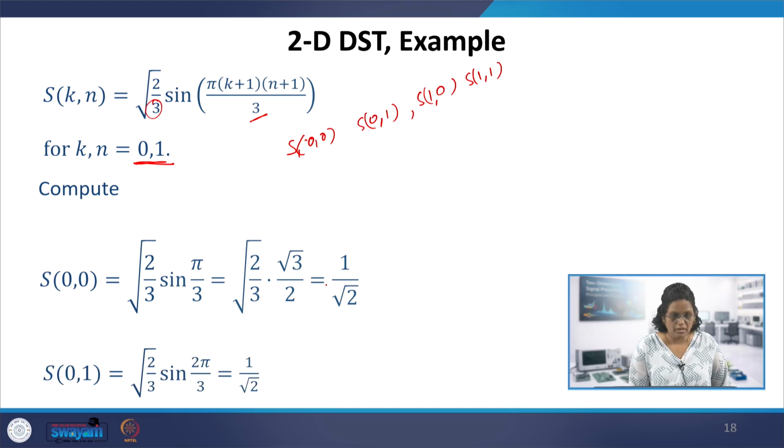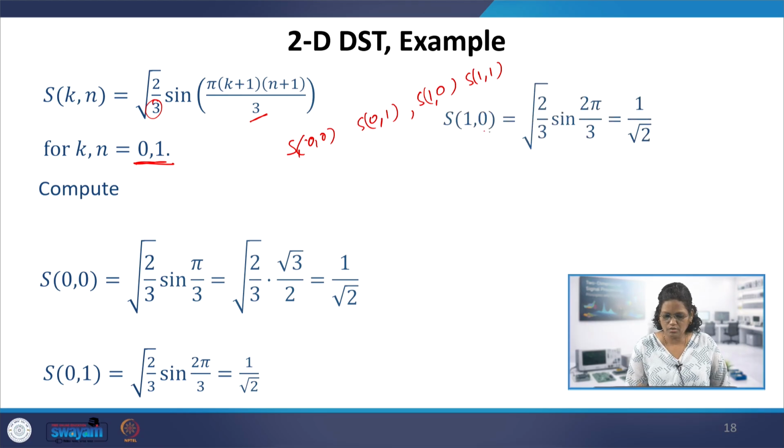Then S(0,1): here k is 0 and n is 1, so we get sin 2 pi by 3 into root 2 by 3, which gives 1 by root 2 as the result. Similarly S(1,0), where k is 1 and n is 0, gives sin 2 pi by 3 again.